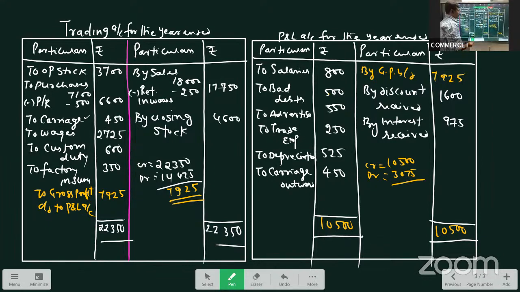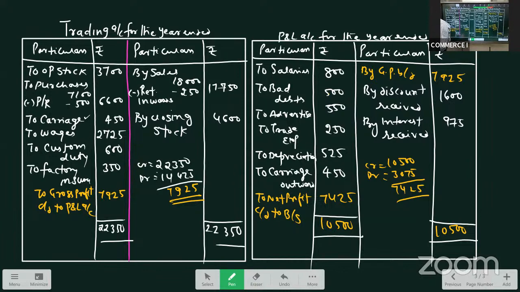Yeah. So deduct. This is our net profit. Net profit carried down to balance sheet. 7,425 is the net profit carried on to balance sheet.